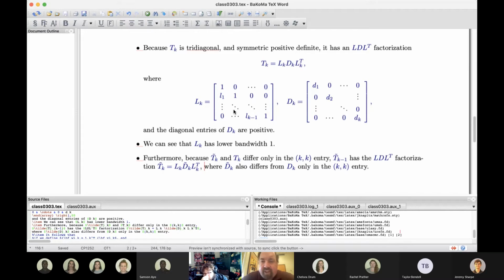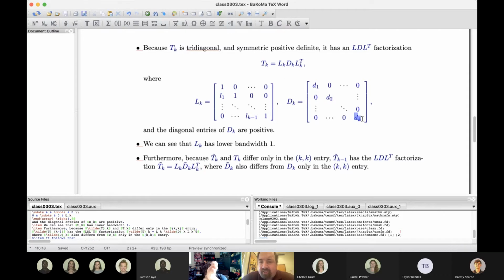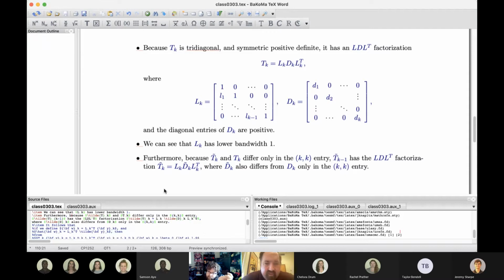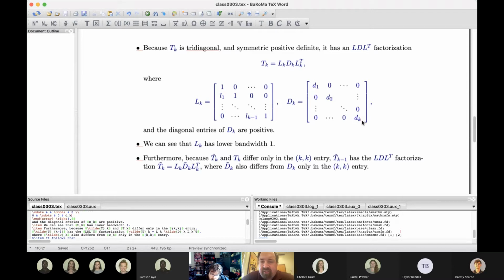So this exact factorization applies to both TK and TK tilde, except for this entry right here is different in the two. And you can see that if you were to multiply out LK, DK, LK transpose, you would find that you can make everything match up. It's just that you would only have to change this to affect the KK entry.